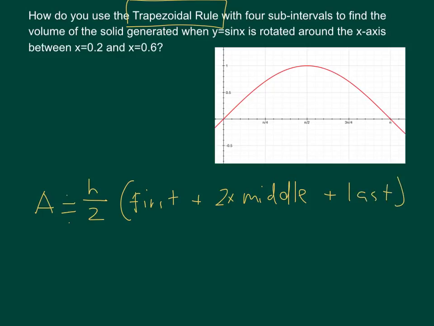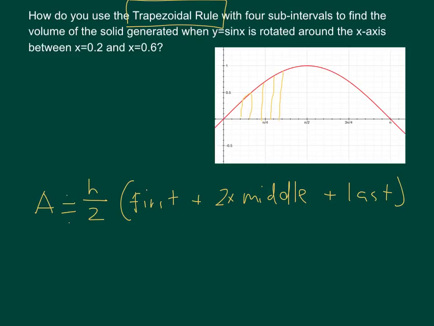So what we're doing here is our height is the distance between each of our shapes, and as the name suggests, the trapezoidal rule actually works by taking some curve. In this case we've got sine x, which is up here, and taking between two values, I've just picked two random values there, and turning that into a number of different trapeziums.